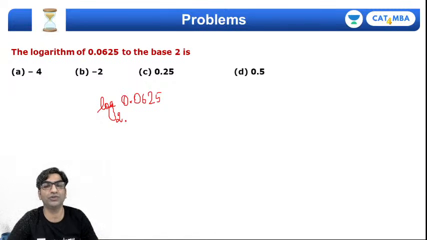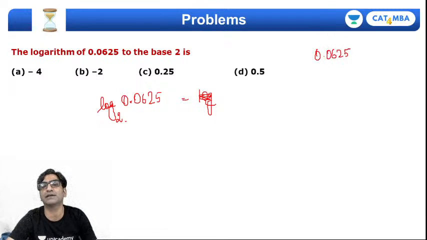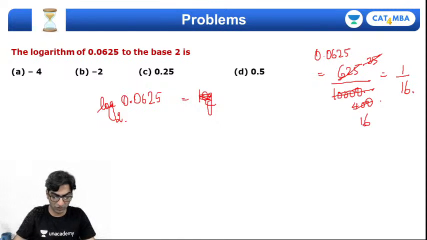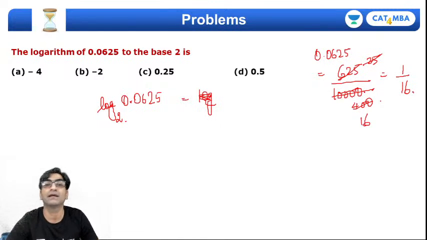To find it, I'm obviously going to have to express this differently. So before I do that, let's express 0.0625 directly. What will it become? 625 divided by how many zeros in the denominator? 4. So 10,000. 25 into 25 is 625, 25 into 4 is 100, so this becomes 625 over 10,000, and I can cancel out: 25 ones are 25, 25 sixes are 150, so 0.0625 is actually 1 by 16.